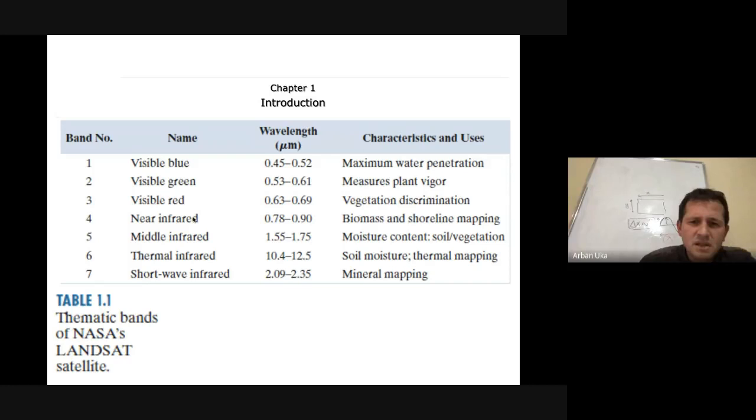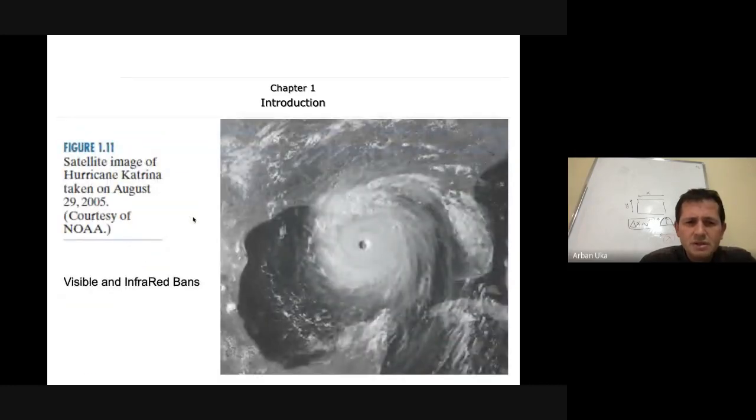The red color is around 0.7 micrometer, which is 700 nanometer. Then we go into the infrared, middle infrared, thermal infrared, so we can go to 2 to 3 micrometer wavelengths. And this directly relates to the spatial resolution of an imaging modality.